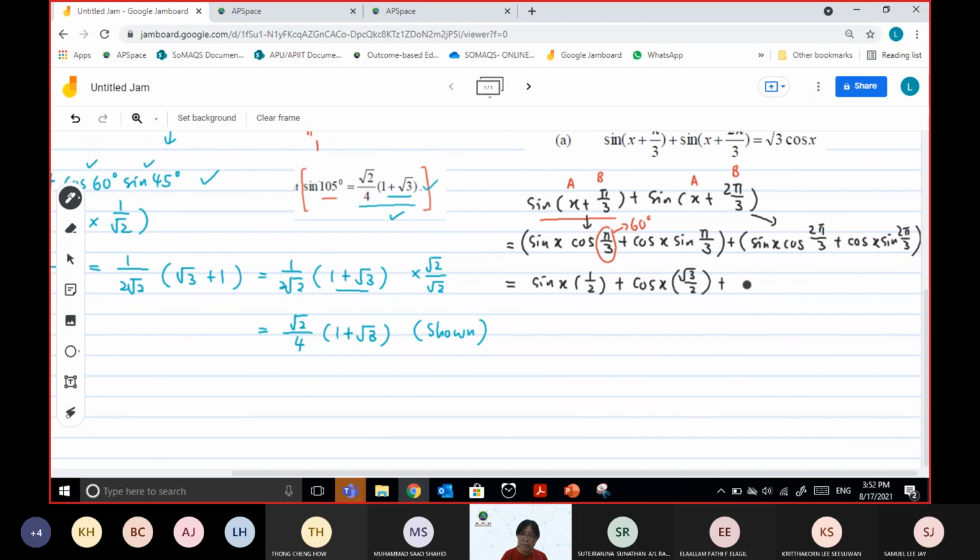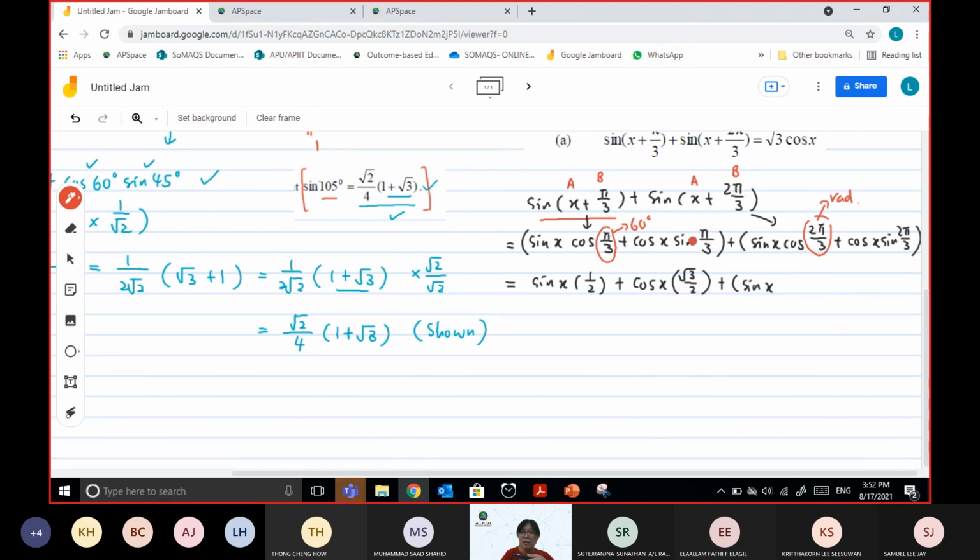Okay, so next one, sine x, then cos 2 pi over 3. So you can try to find this from the calculator. Students, you can use your calculator. Please take note, if you use your calculator to directly get this answer, this one is in radian.